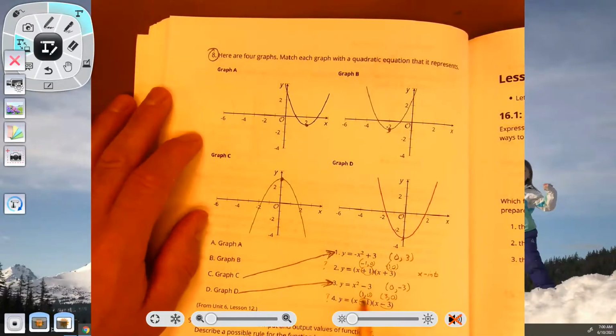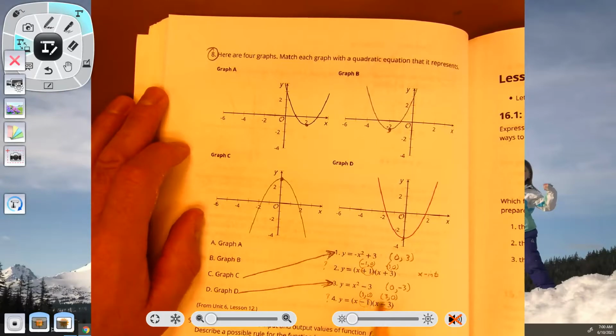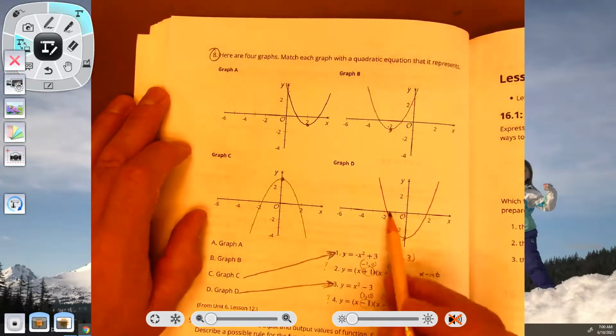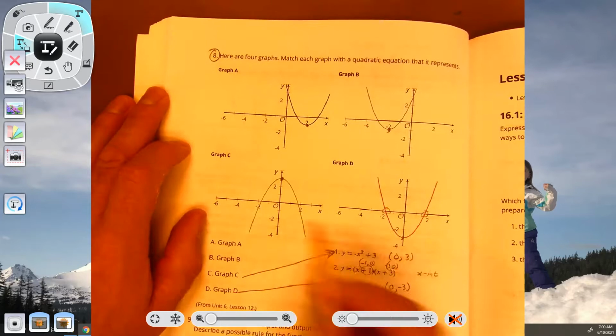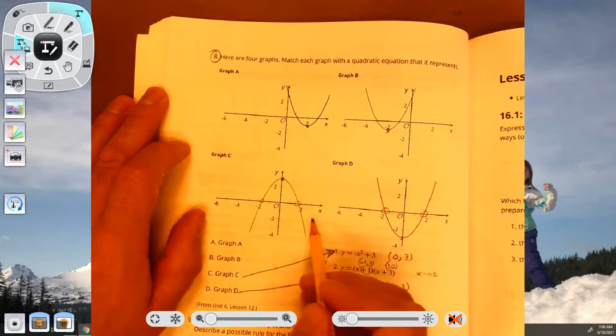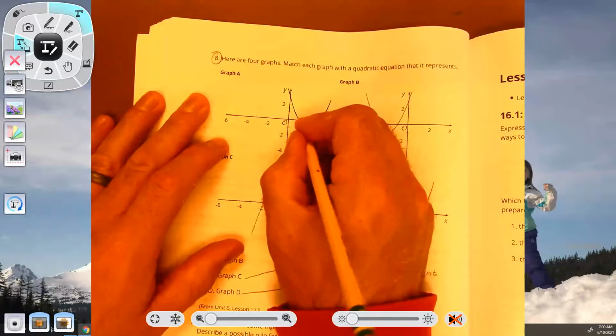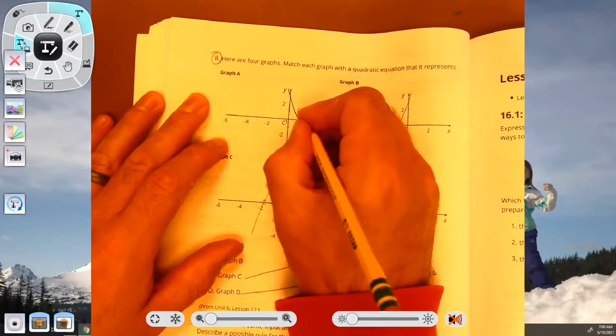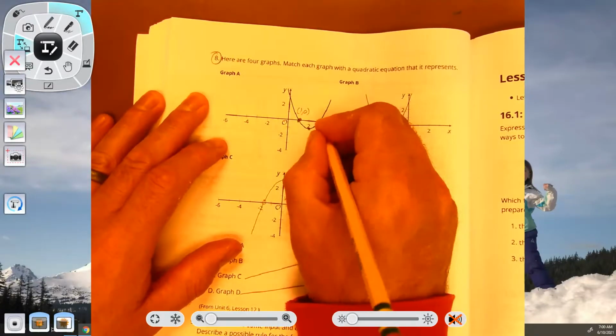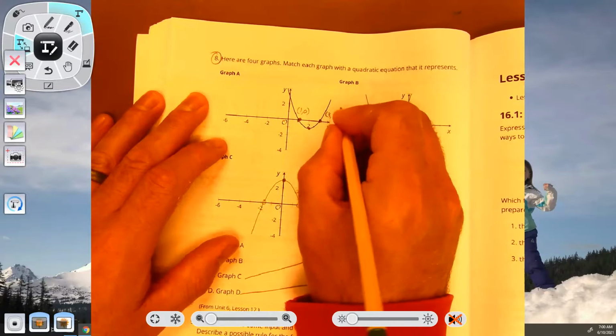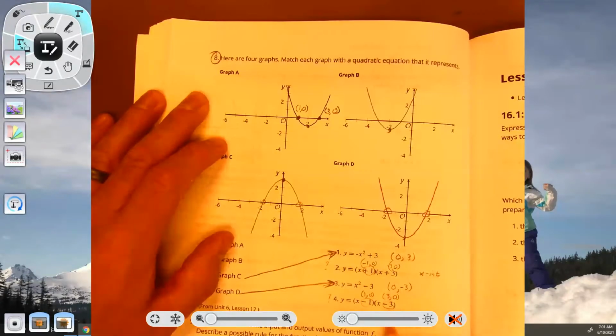But these are in factored form, so these are my x-intercepts, or where my graph crosses the x-axis. So it has to be one of these two. This one right here crosses at the point 1, 0, and 3, 0. And that would be this one.